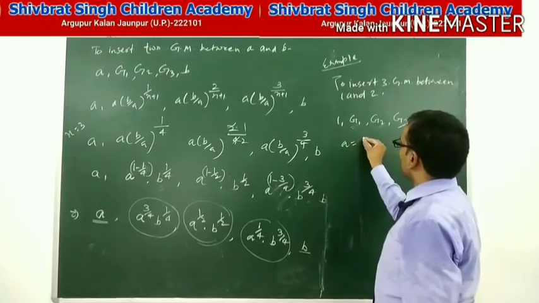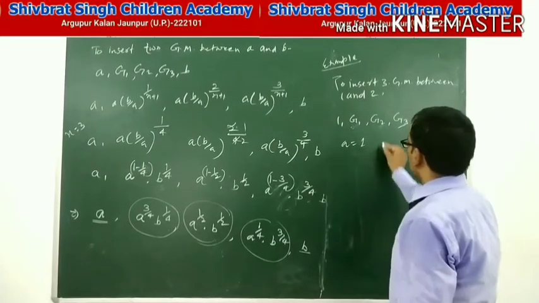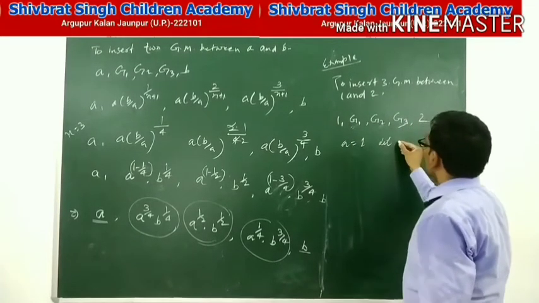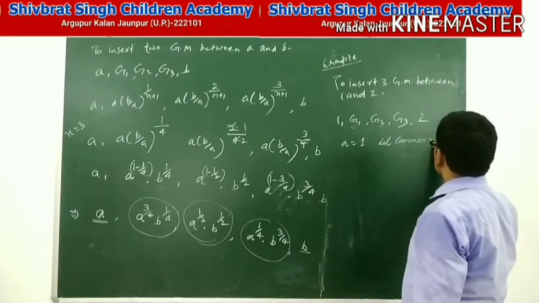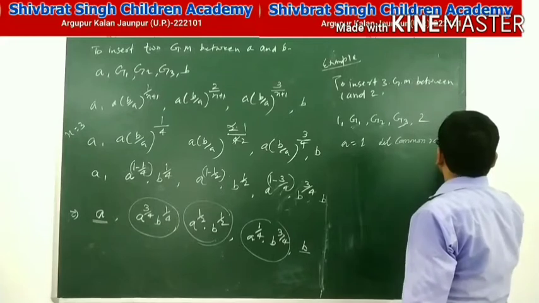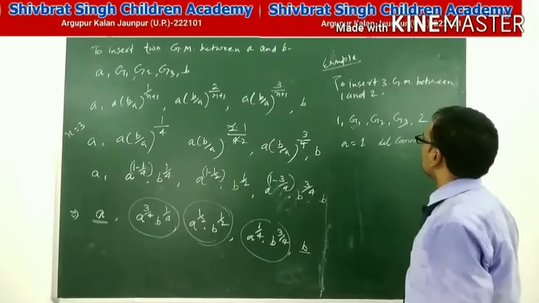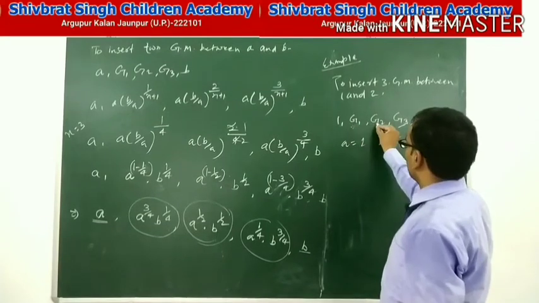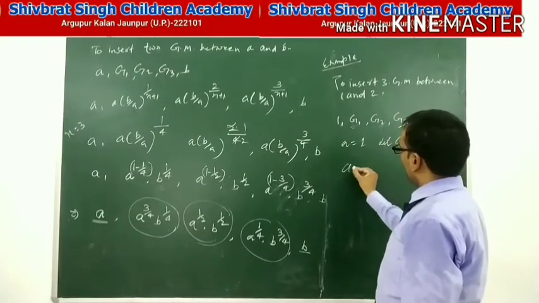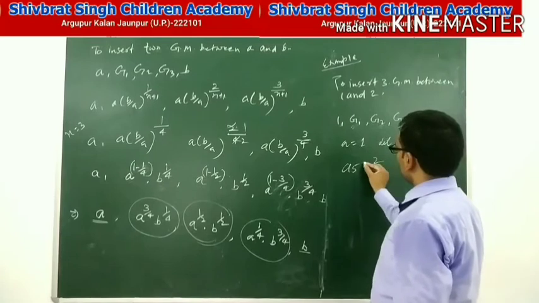Here A equal to 1. Let the common ratio be r, then the last term, that means 1st, 2nd, 3rd, 4th, 5th, a5 equal to 2.